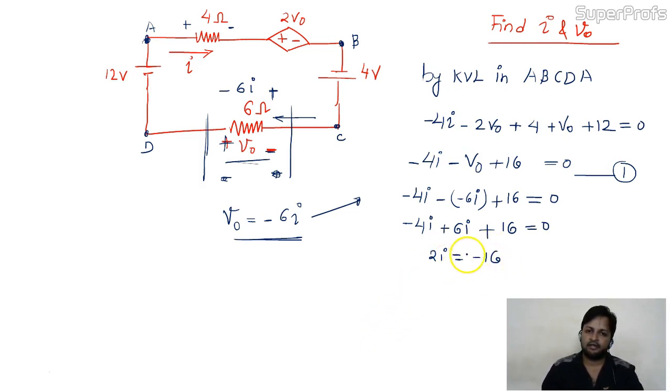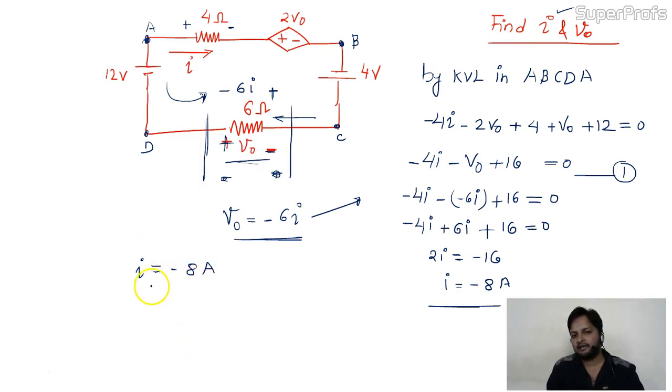Now I is nothing but minus 8 ampere. This minus sign indicates that the direction of the current you assumed is wrong, and the actual direction will be from this side. First they were asking for I, so you have to mention here I equal to minus 8 ampere, not plus 8 ampere, because we have to consider the direction clockwise by default here.